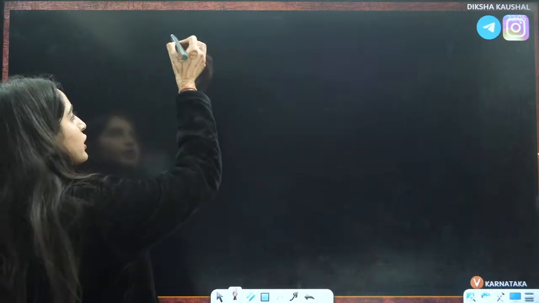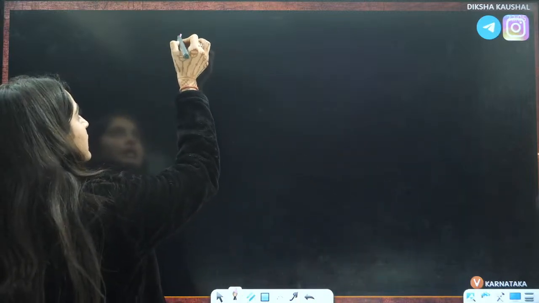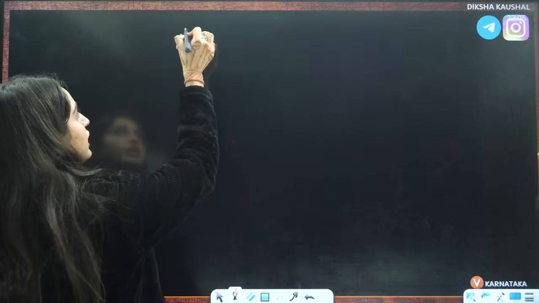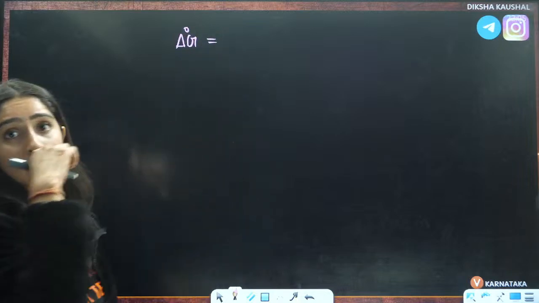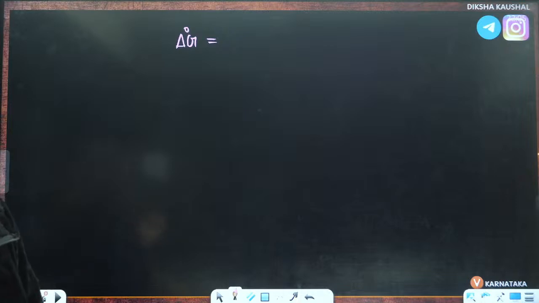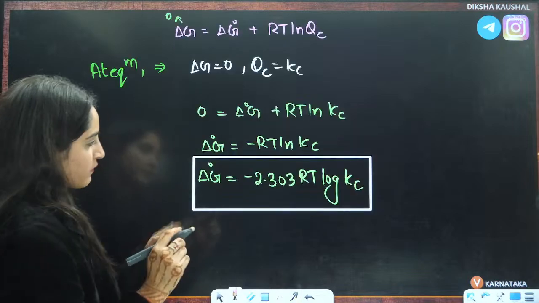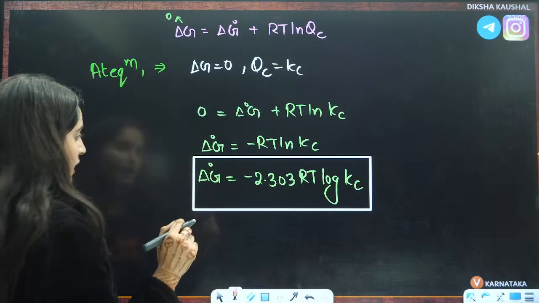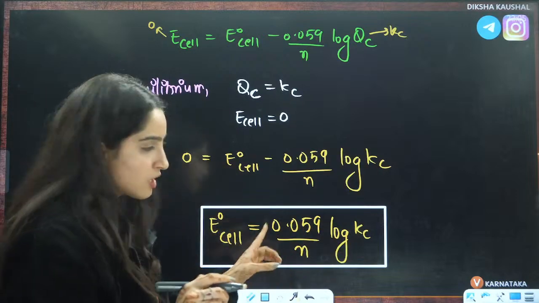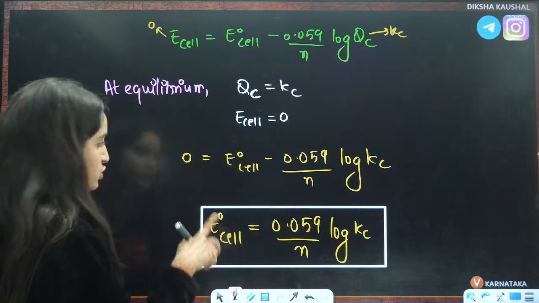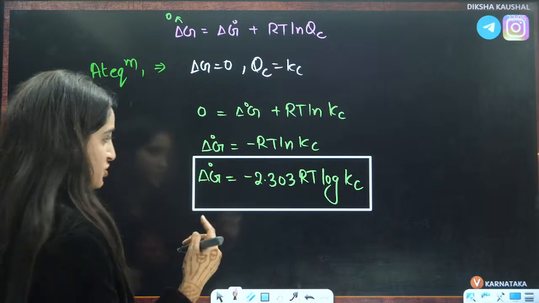After solving, you will get the relation between delta G naught and E naught. Here it is between delta G naught and KC. Here it is E naught and KC. Now, after comparing these two equations, we get a new equation.